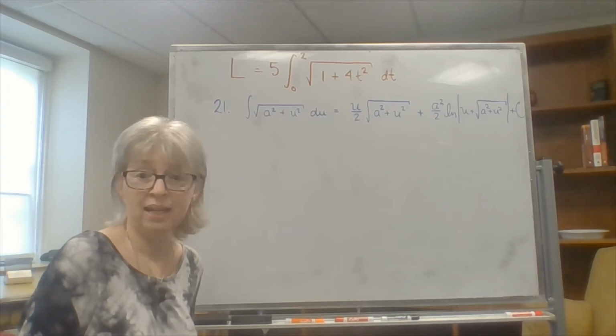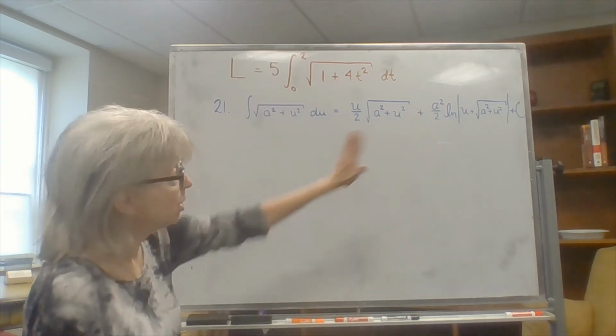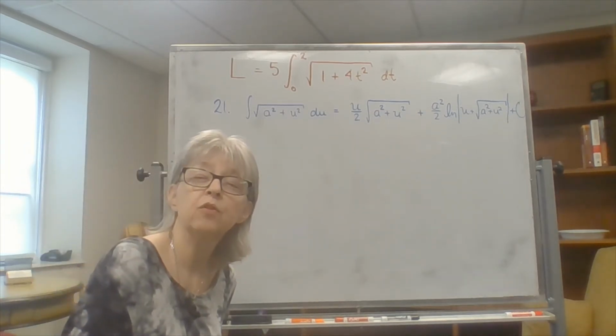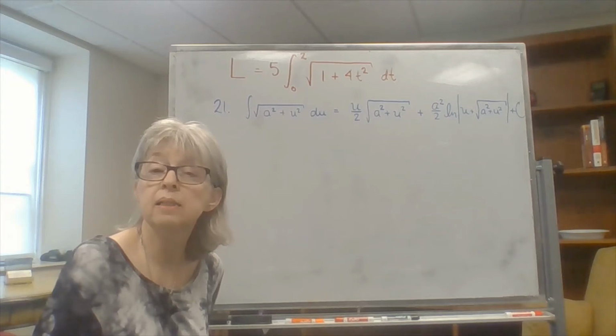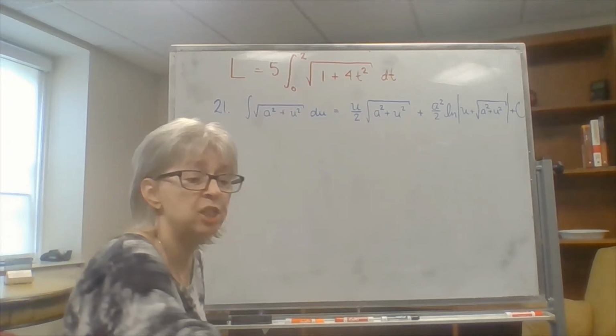It's just a matter of matching. Now, once I match, I'm going to get to drop the plus c on the end of the formula because I have a definite integral. So let's focus on the matching part.